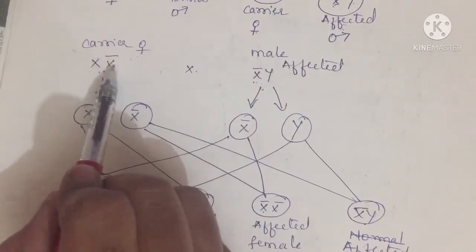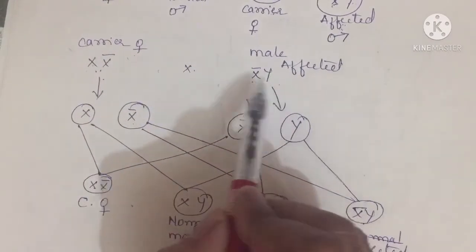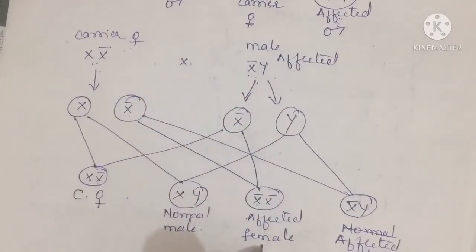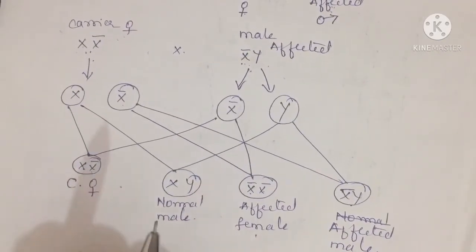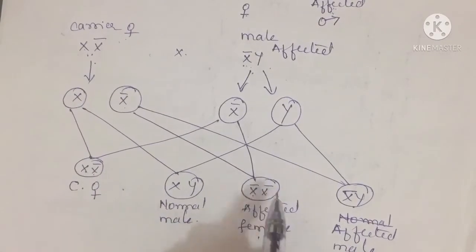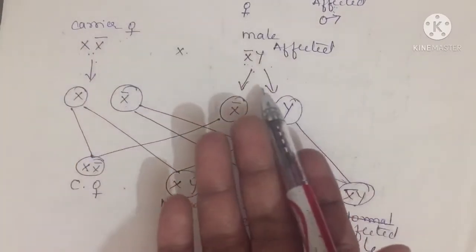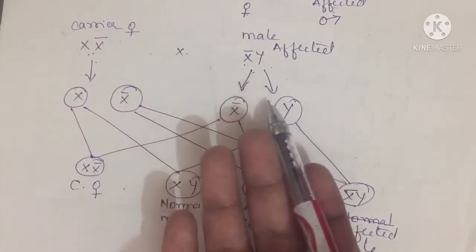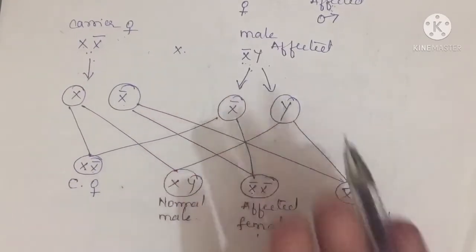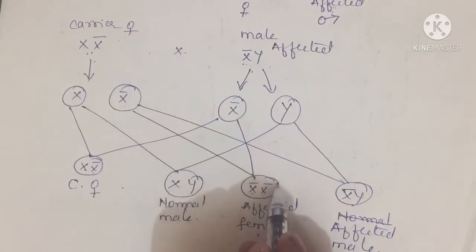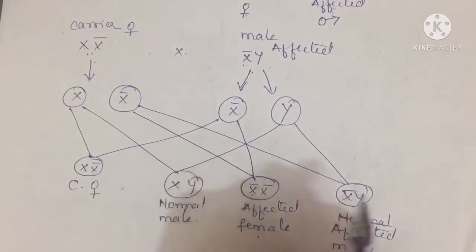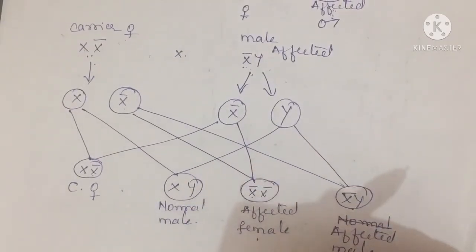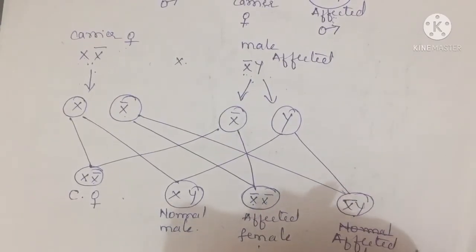If the female is a carrier and the male is affected, in that case the female will be affected. But these cases are rare, because one is already a carrier and another one is marrying a male who is affected. So transmission of hemophilia to the female is very rare, whereas to the male it is common.